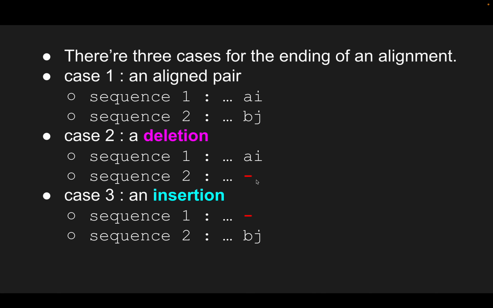The third scenario is an insertion, in which case sequence 1 has the gap symbol here. You may ask whether we can have gap symbols in both sequence 1 and sequence 2, but it is not allowed by definition, so there will only be three scenarios.